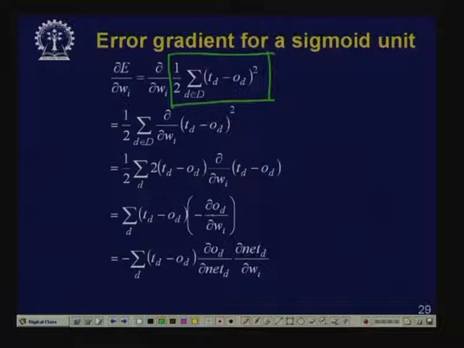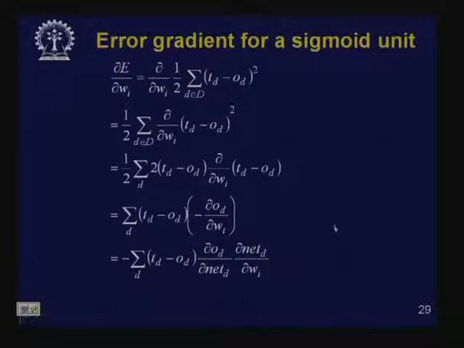So, we have sigma summation over d Td minus Od into del Od by del Wi. Now, del Od by del Wi we can write using the chain rule as del Od by del net d times del net d by del Wi, and we can simplify this further.